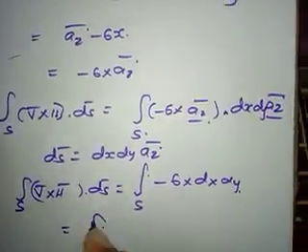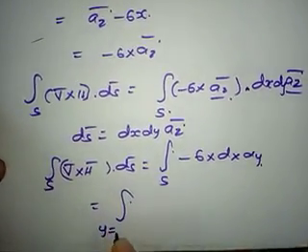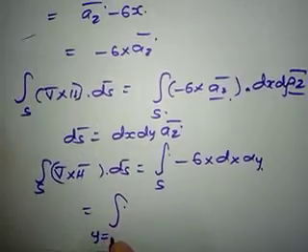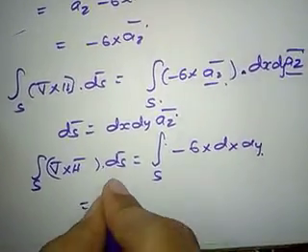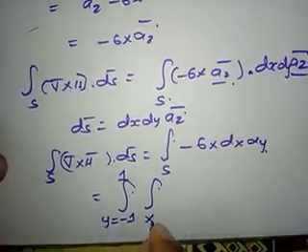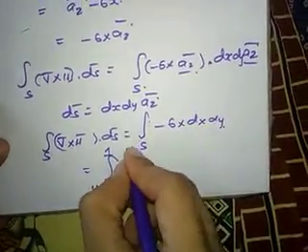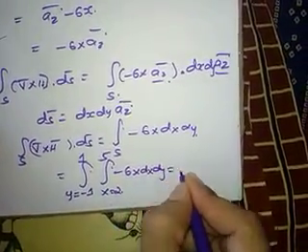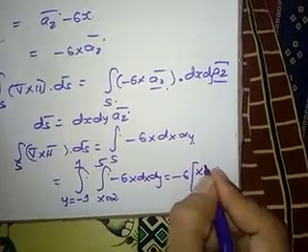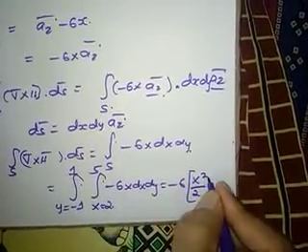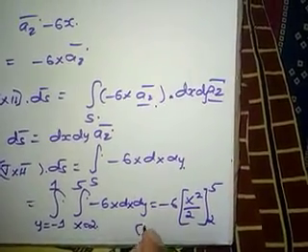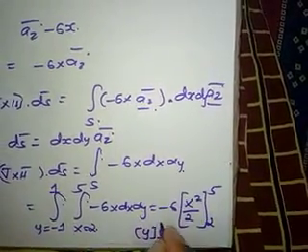So first take the outer integral. Y coordinates are given, so y range is minus 1 to plus 1. Then x range is x equal to 2 to 5, minus 6x dx dy is equal to minus 6 of x square by 2 over the limits 2 to 5, then into y over the limits minus 1 to 1.